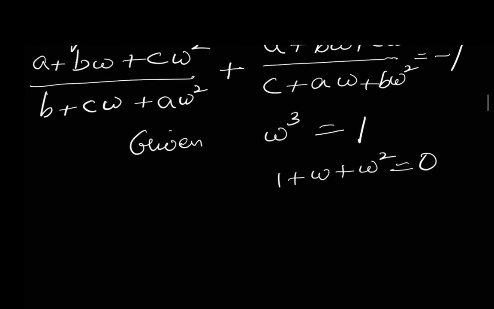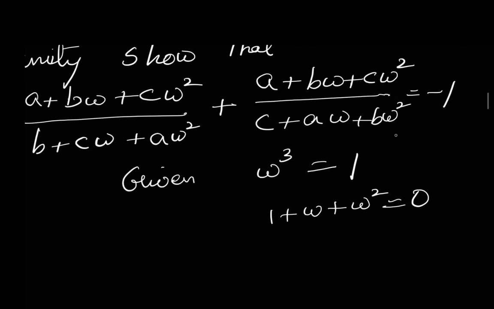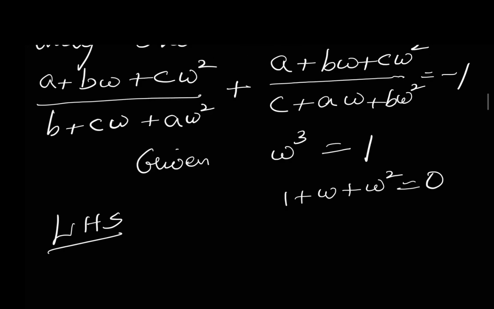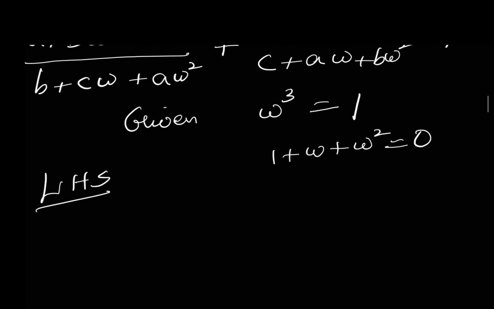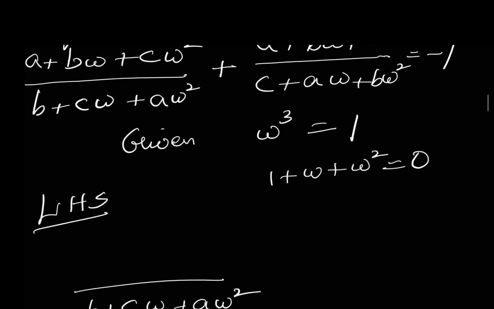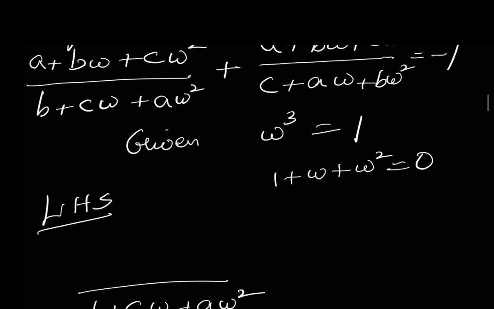So let me take the left side. The sum of two fractions is equal to minus 1. So take the left hand side. See, the first fraction, in the denominator you keep it as it is: b plus c omega plus a omega squared. In the numerator I'm going to make some change here.